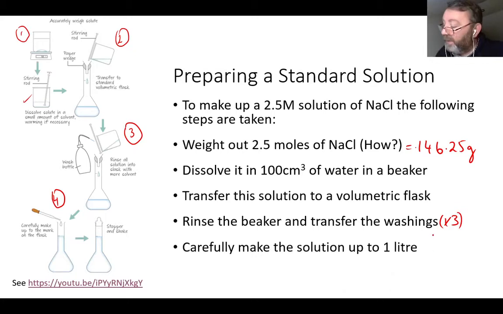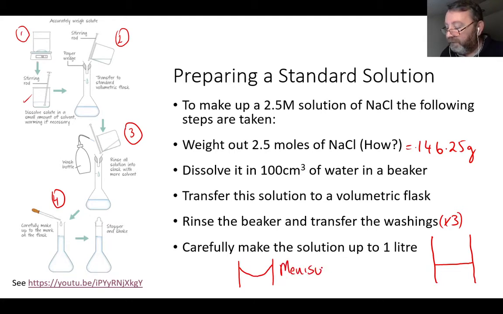Now, on the neck of the flask, there's a mark like this, okay? And that mark tells you exactly where you are to fill water to. But there's a problem. When you put water into glass, it doesn't go in a straight line. It kind of goes in a U shape like that. That's called the meniscus, M-E-N-I-S-C-U-S.